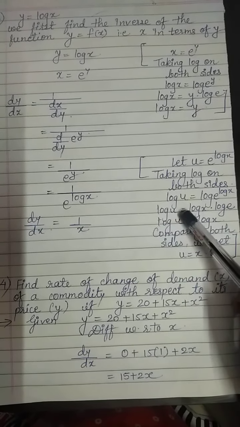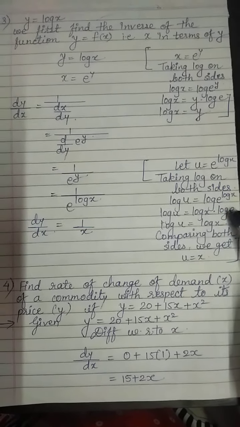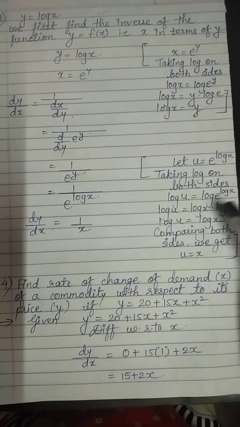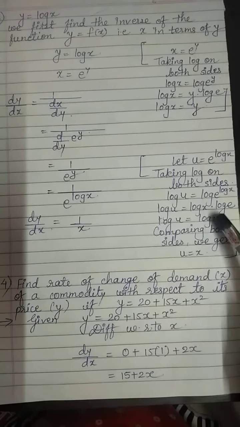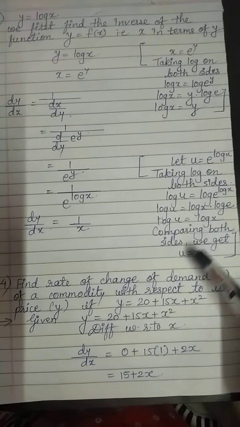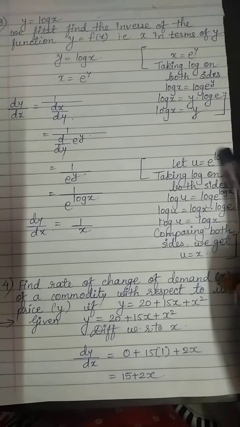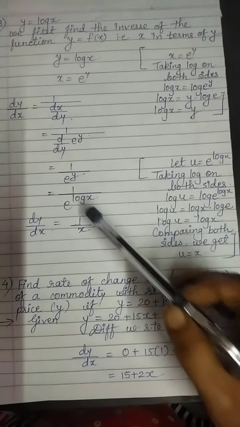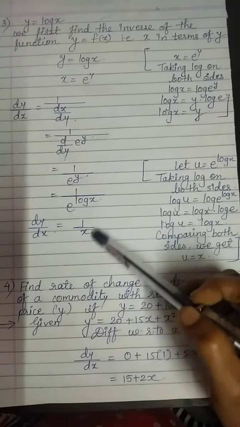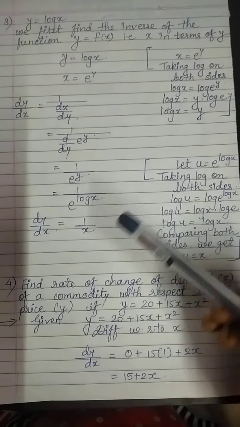So log u is equal to log x into log e. But we know log e is 1. So log u is equal to log x. Now comparing both sides, we can say u is equal to x. That means the value of this is nothing but only x. So instead of this term we can write only x.